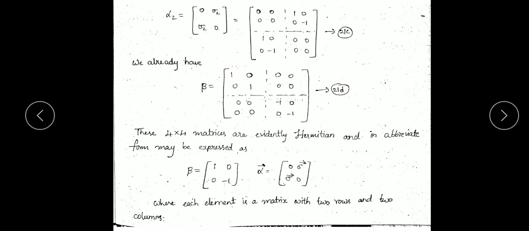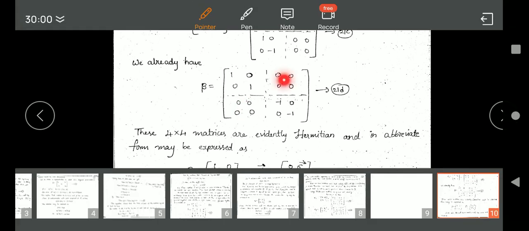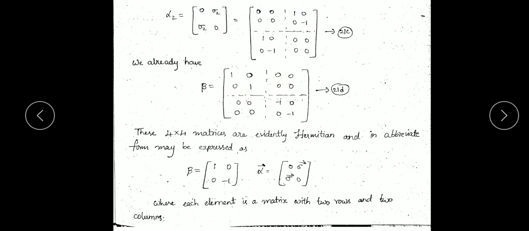So each element is a matrix with 2 rows and 2 columns. So that is all about Dirac's matrices. Thank you.